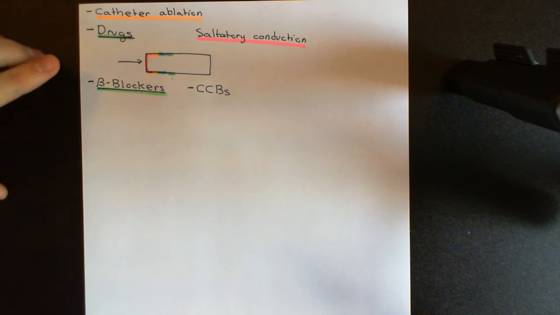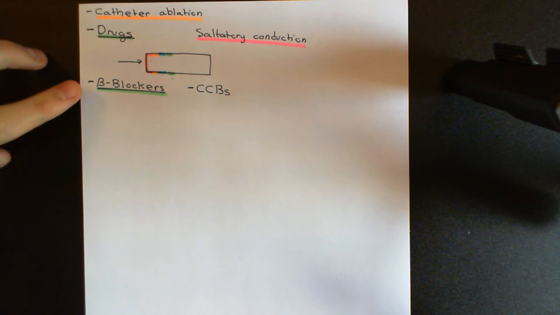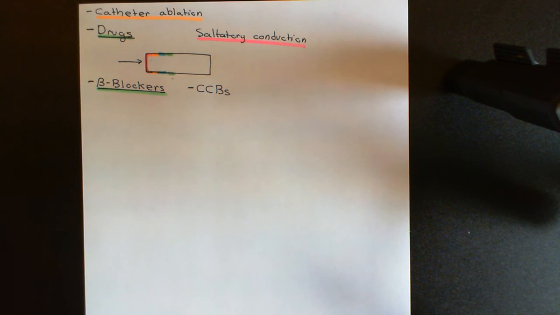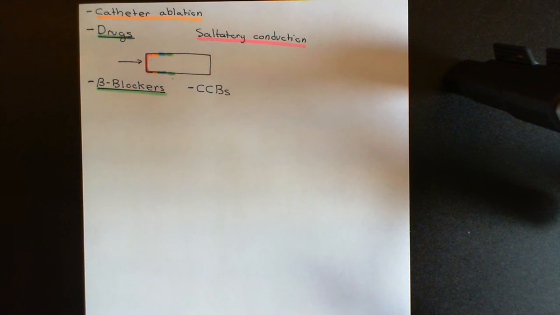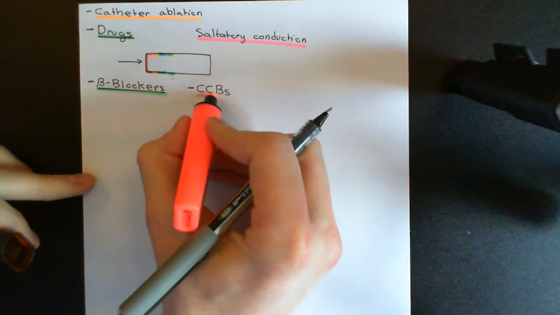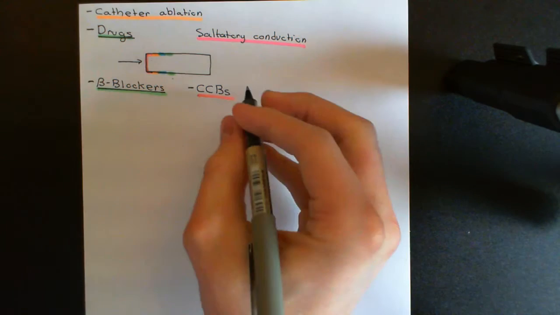Those of you who know something about that already will know that beta blockers are classified as Vaughan-Williams class 2, and the calcium channel blockers are Vaughan-Williams class 4 antiarrhythmic drugs, but we'll come back to that all at the end. Okay, so CCBs.